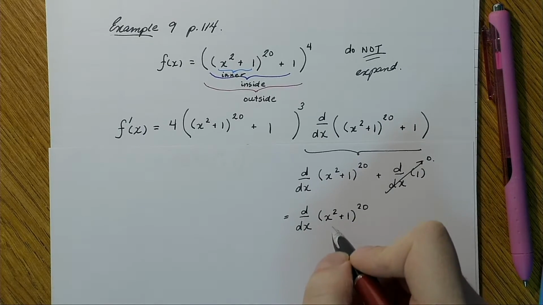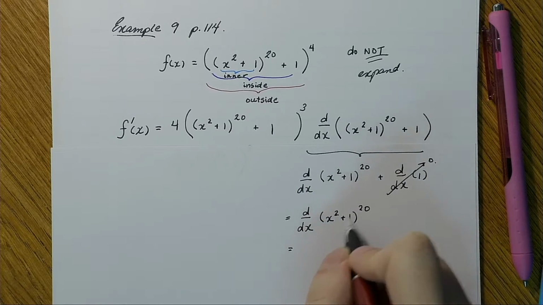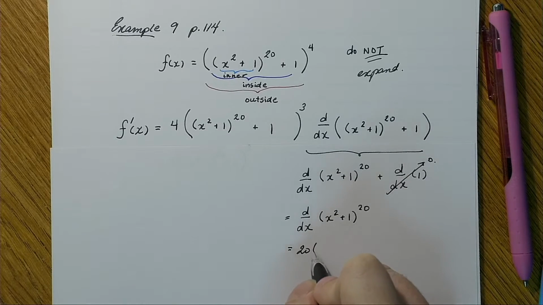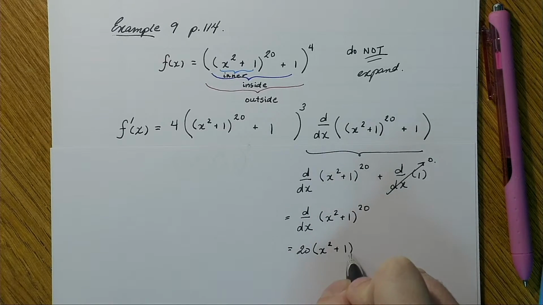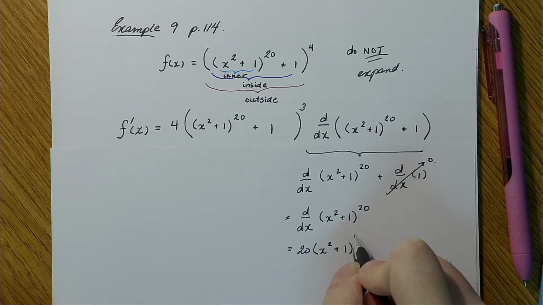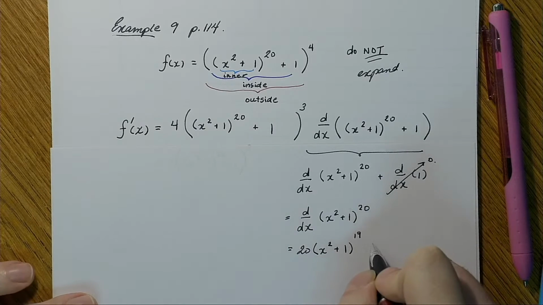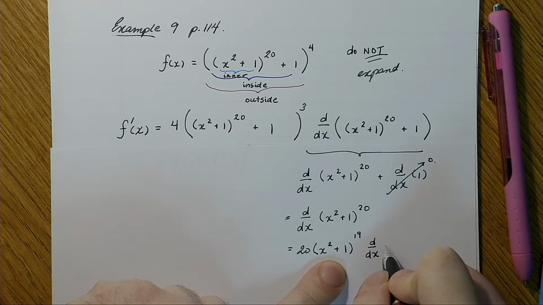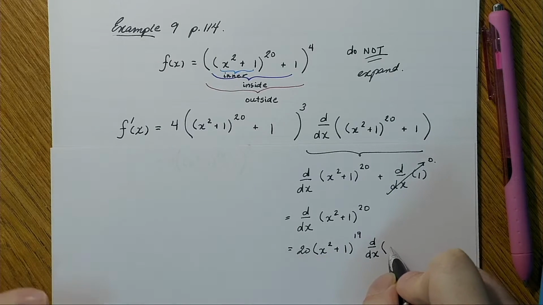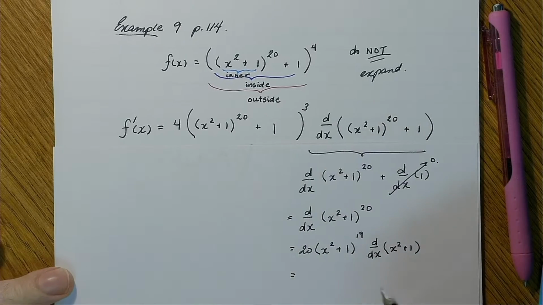Now, when I take this derivative, again, I'm using chain rule. So I have 20 up here, so the 20 comes down in front. I have the inside right here, or the inner, as I have called it, so I have x squared plus 1. This reduces down by a degree, so 19. And yet, I still have to take the derivative of this inner function. I'm almost done.